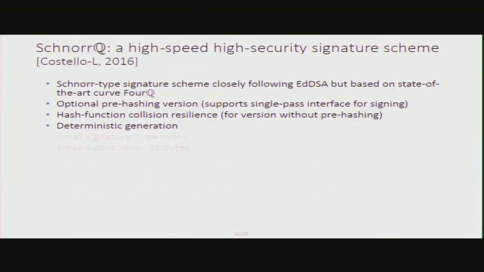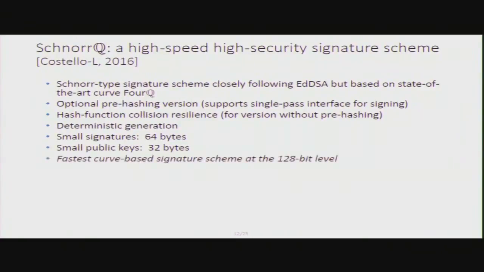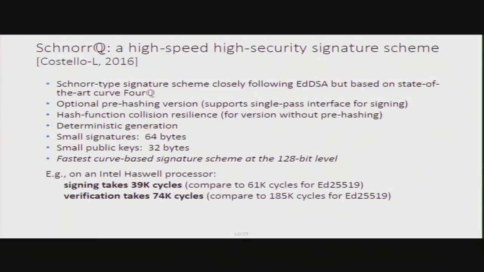And as in the case of EdDSA, we have small signatures, 64 bytes in size, and small public keys, 32 bytes in size. But the relevant feature here is that we have, at least to my knowledge, probably the fastest curve-based signature scheme at the 128-bit security level. To show you the kind of performance that we achieve, these are numbers for an Intel Haswell processor. Signing takes 39,000 cycles, compared against 61,000 cycles achieved by Ed25519.